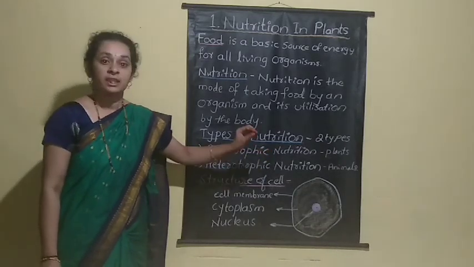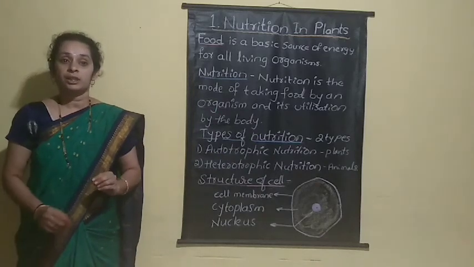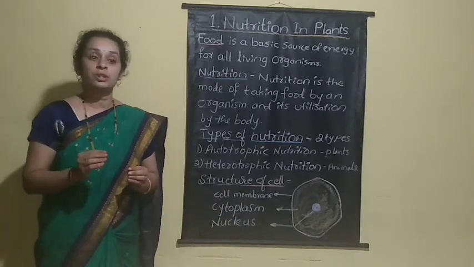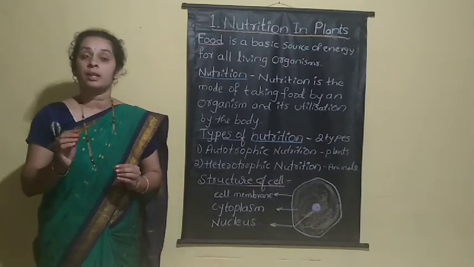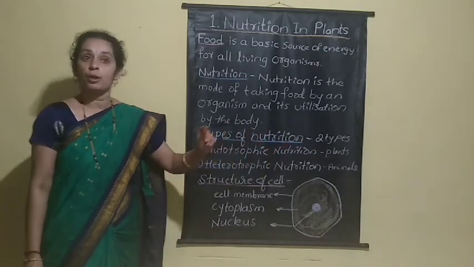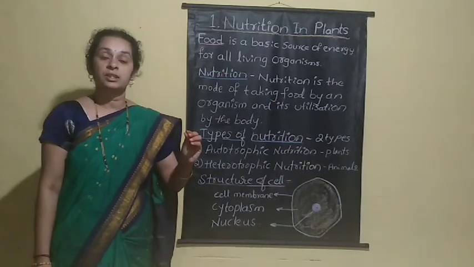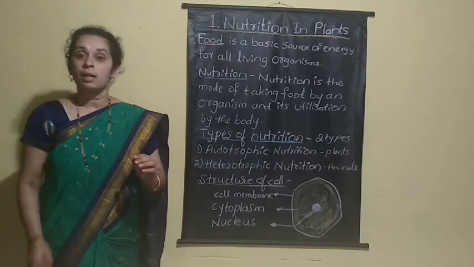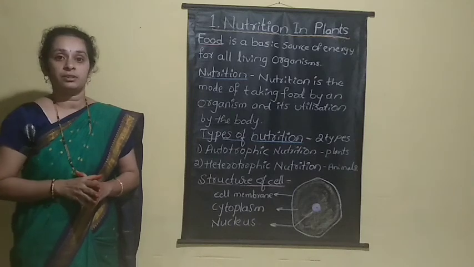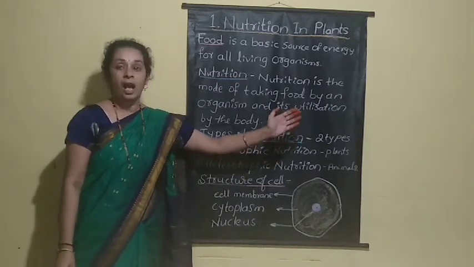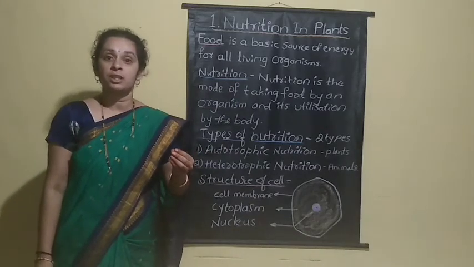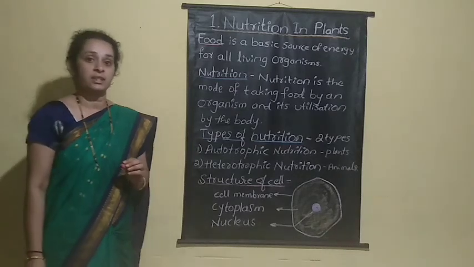Autotrophic nutrition is a mode of nutrition in which organisms prepare their food themselves by using the simple substances available in nature. Examples: plants and algae have the capacity to prepare their own food with the help of the process called photosynthesis.